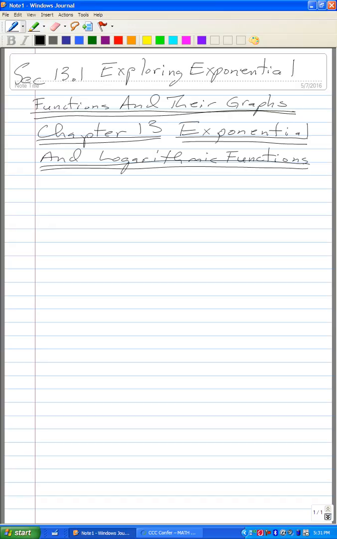So, exponential functions and logarithmic functions are examples of transcendental functions. Let's recall the power function, f of x equaling, let's say, x cubed.